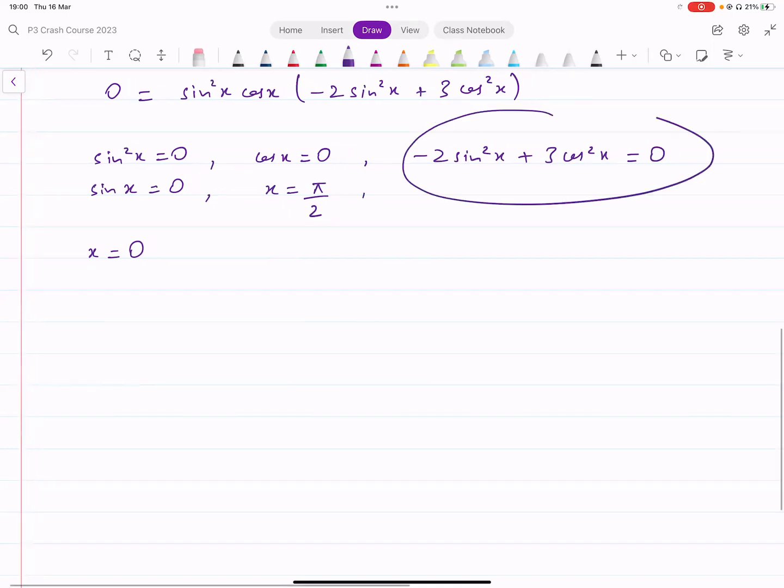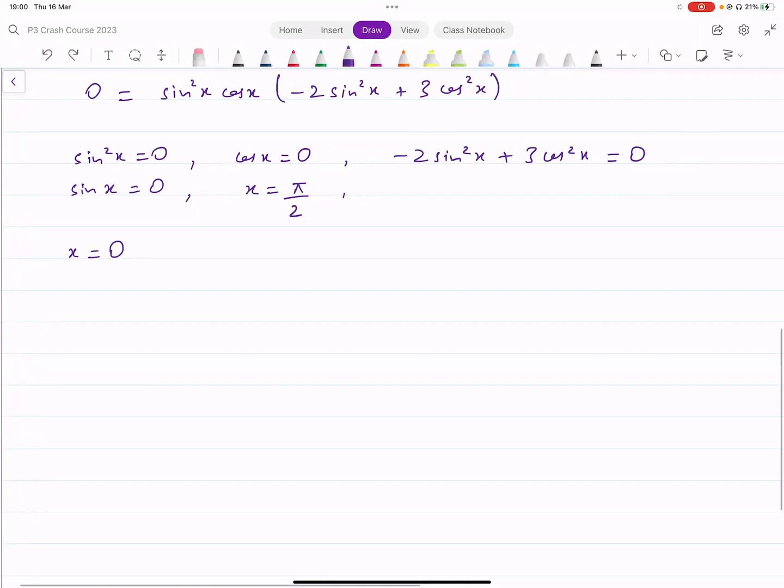These are two values of x that we're getting. Now we need to solve this third equation. How do we solve this third equation? We have sine square and we have cos square. We can convert that to one single function. Let's say we write it as minus 2 sine square x plus 3 into 1 minus sine square x, that equals 0. Now simplify this.